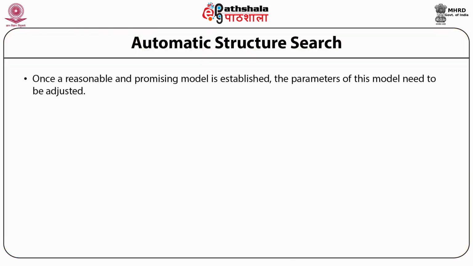Once a reasonable and promising model is established and the parameters of this model need to be adjusted, there are several ways for this procedure, which are based on a trial and error procedure, whereby scanning the parameter space is the most basic procedure.